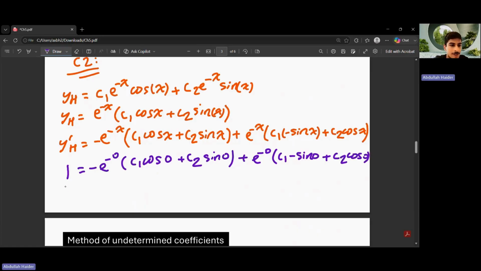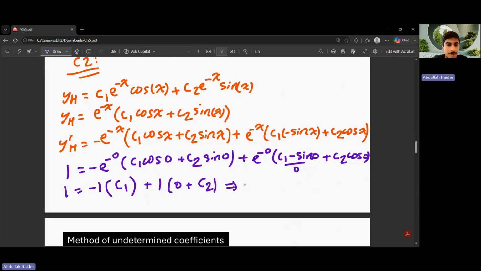So this will give us 1 is equal to negative 1 times, cos 0 is 1, C1, sine 0 is 0, plus e power negative 0 is 1. C1 times negative sine 0 is 0, plus C2 cos 0, which means C2 times 1, which is C2.